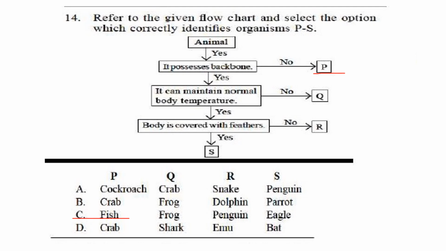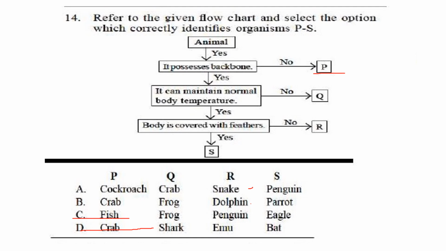For R, body is covered with feathers, no. Snake and dolphin's body is not covered with feathers. So answer can be A or B, not D, because emu have feathers. For S, body is covered with feathers and it can maintain normal body temperature.